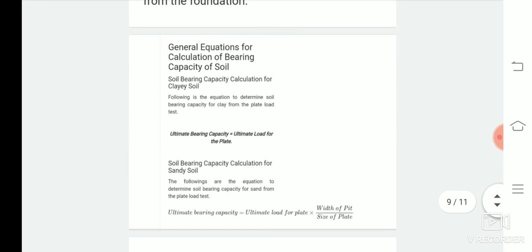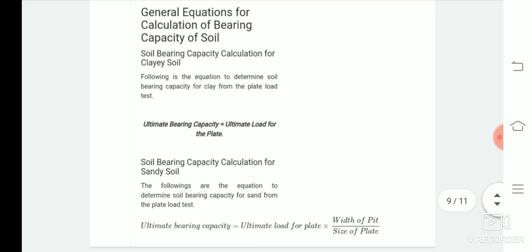So what are the main equations used for calculating the bearing capacity of the soil? As far as clay soil is concerned, the ultimate bearing capacity will be equal to the ultimate load on the plate, in the case of cohesive soil or clay soil.